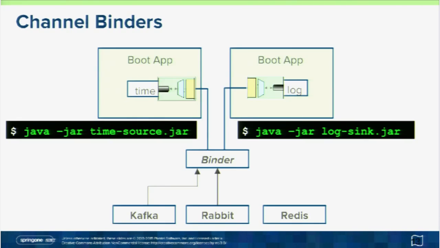Back to some slides. Okay, so what this is showing is basically what you just saw. We were running it through the boot dashboard, but could just as easily do java -jar, like a Maven package of that application, and then java -jar, and then you can pass either arguments to that, or you could pass system properties or environment variables, any of the supported property bindings for Spring Boot.